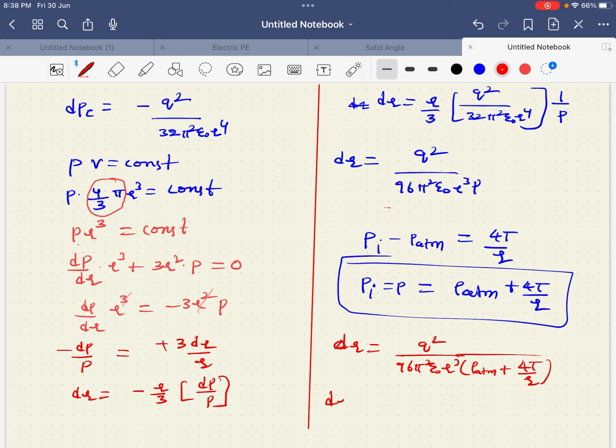And one more step: dr is finally equal to q square by 96 pi square epsilon naught, and if you write r cube, I can write atmospheric pressure into r plus 4T. This will be the answer for this question.